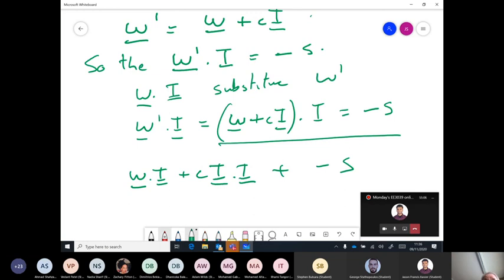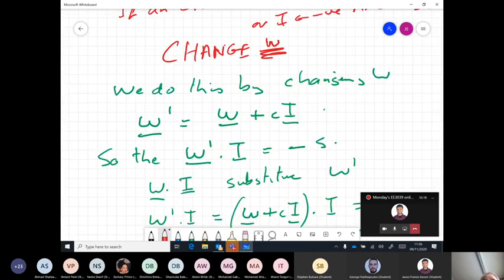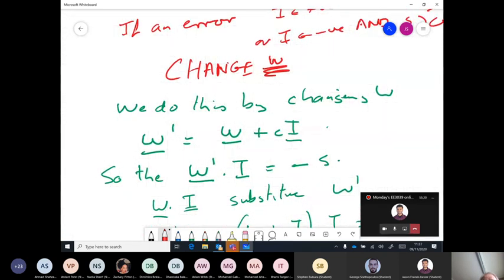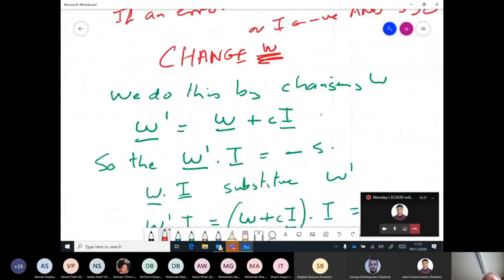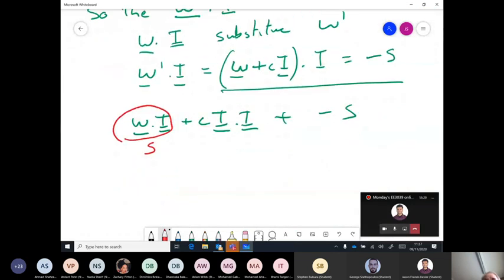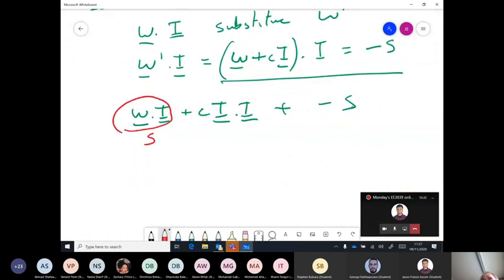But we already know that this is going to be equal to the original scalar product before we updated the weight vector, and that is equal to S. Go back there. W dot I equals S. So we've got S plus C I dot I equals minus S. So that should be an equal sign, shouldn't it?